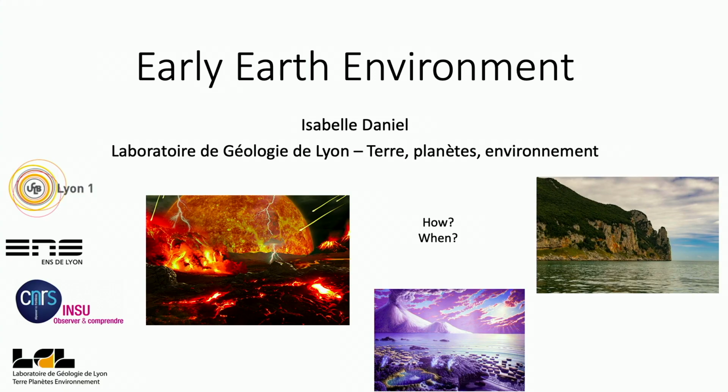The question that we're asking about the early Earth environment is this: we have a picture in mind of the beginning of the Earth, when the Earth was formed and there was an intense magma ocean. The question is how and when we transitioned from this harsh environment to this picture, an artistic view of some of the first habitable environments on Earth.